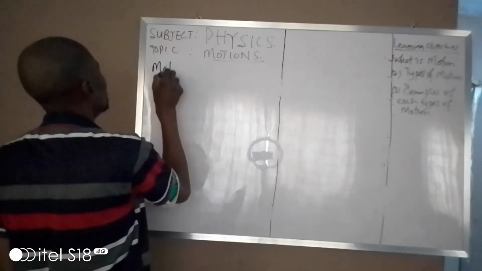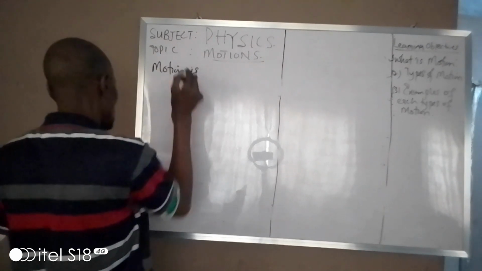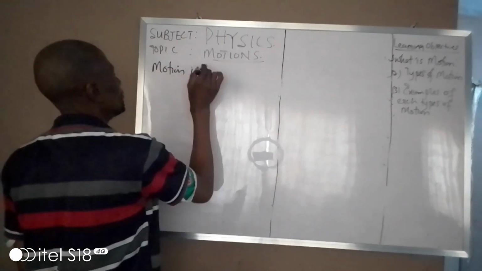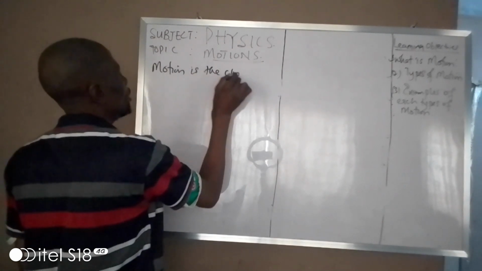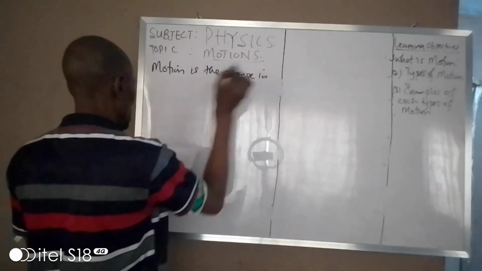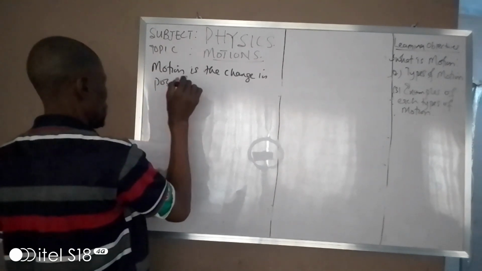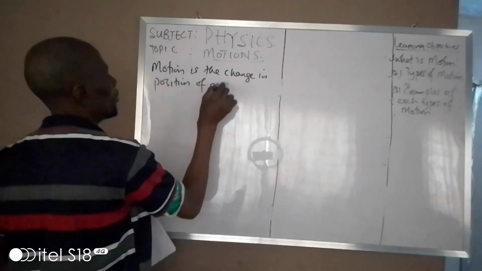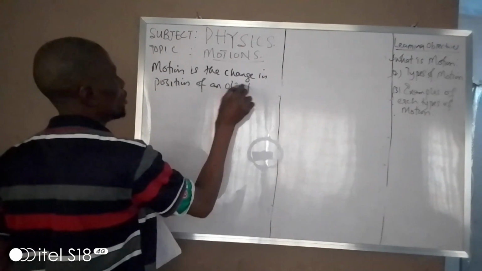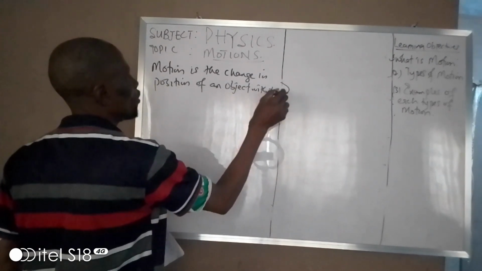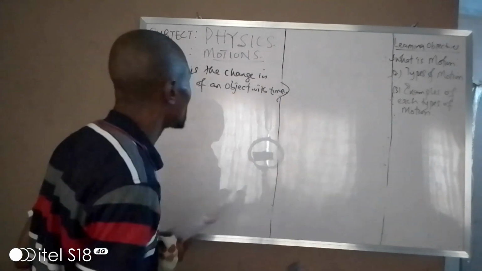Motion is the change in position of an object with time, because our position changes from one place to another based on time.